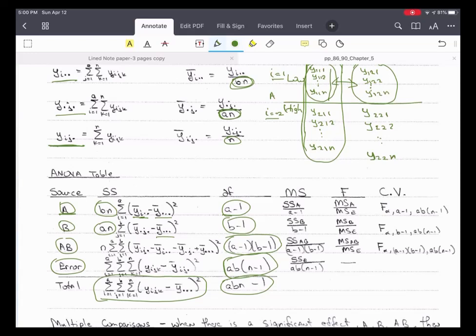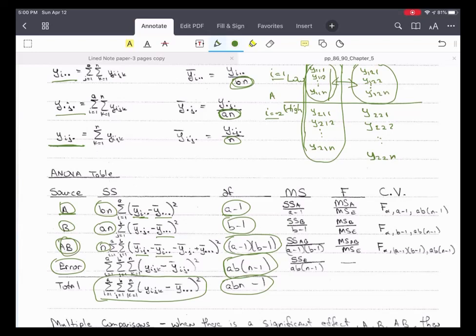For AB, we don't have any n's, so we can bring n times this quantity, and here we're going to take y_ij. bar, because that's for the AB combination.